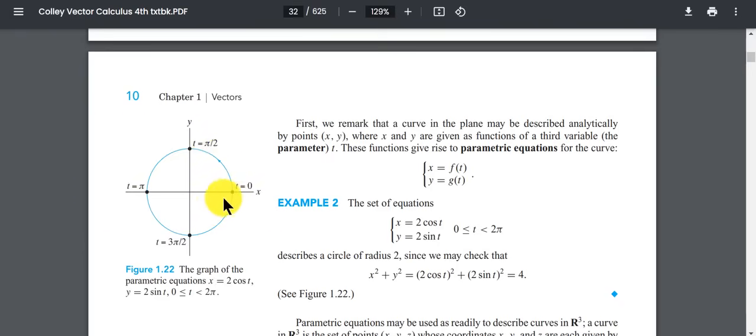But we could sort of imagine that we had an ant crawling around, and this is where it was when t equals 0, and then when t was something else, it moved up to here. Forget about this particular crazy-looking number, but when t was somewhere else, it got to here, and then when t equals something else, it got to here, and when t went to something else, it got to here, and then it came back again to the beginning.